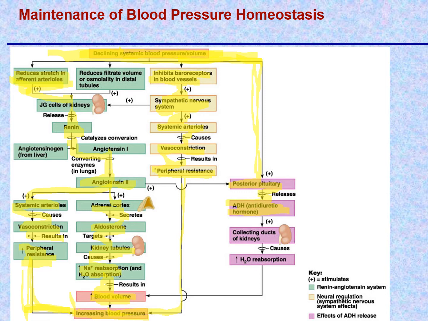A drop in blood pressure or volume of the intravascular fluid will trigger ADH release from that posterior lobe, and that acts on the collecting ducts to induce aquaporins, and you get an increase in water reabsorption, causing an increase in volume and therefore an increase in blood pressure. So in your day-to-day life, if you have a drop in blood pressure, it does trigger all of these responses. You should be able to review this and understand it and be familiar with it.